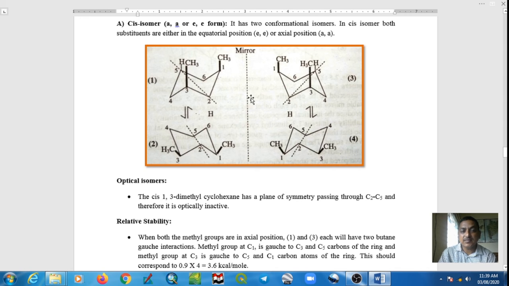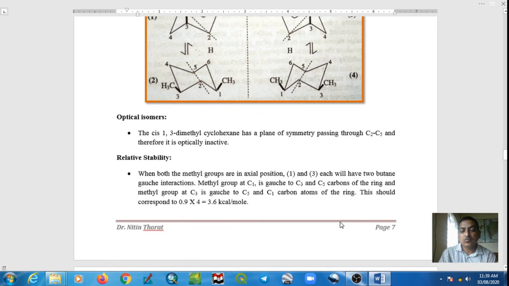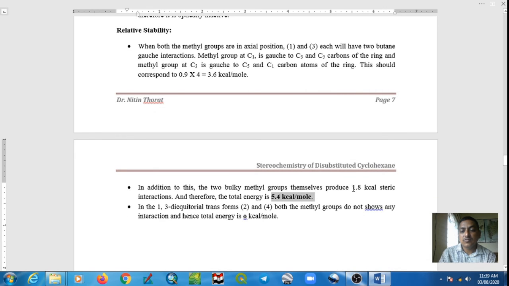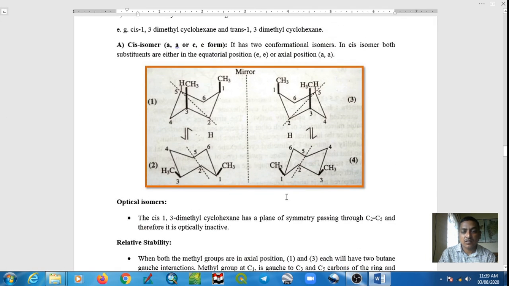In addition to this, axial methyl also shows steric interaction having energy 1.8. So total energy is 3.6 plus 1.8 is equal to 5.4 kilocalorie per mole.